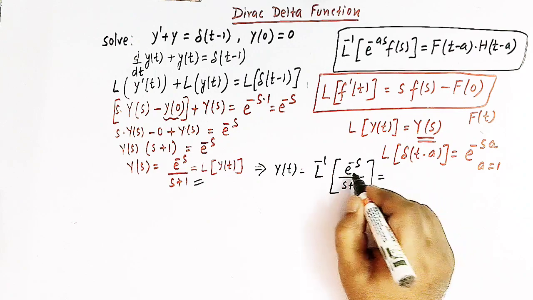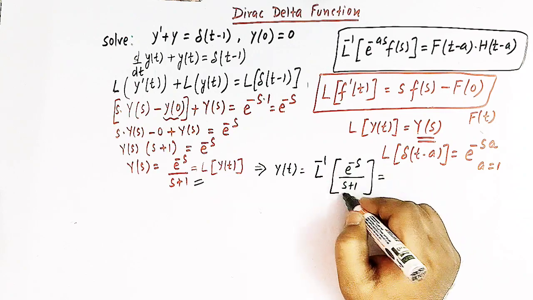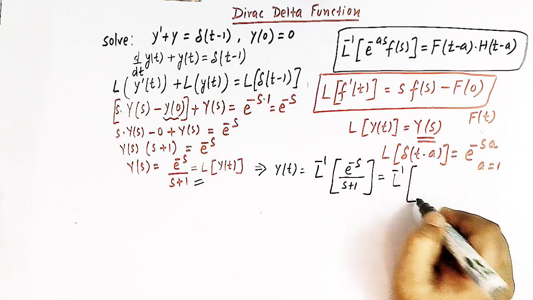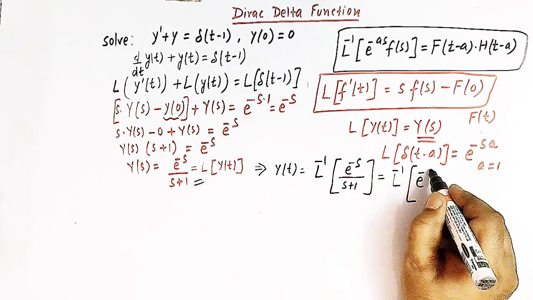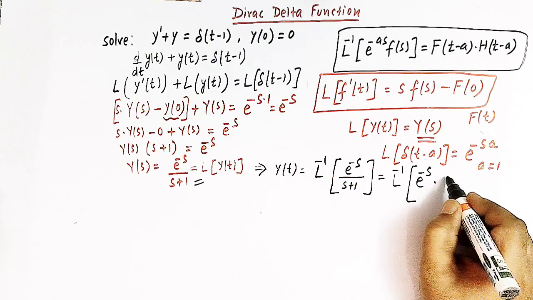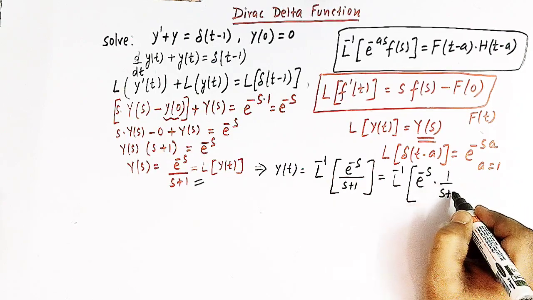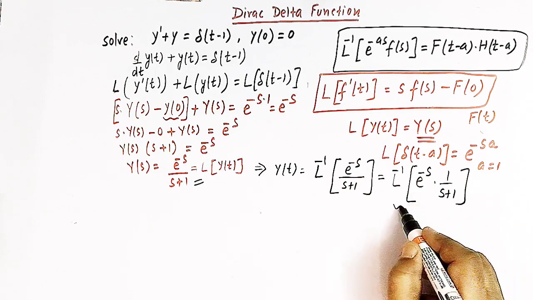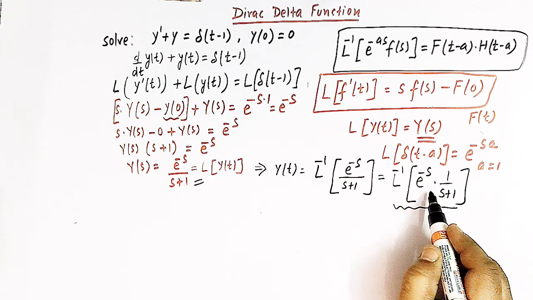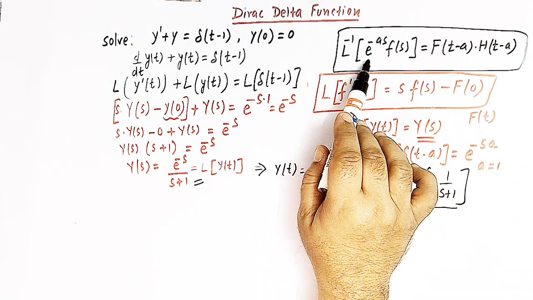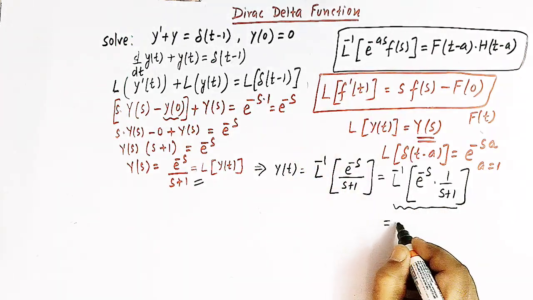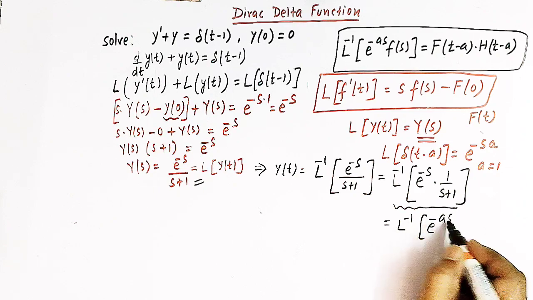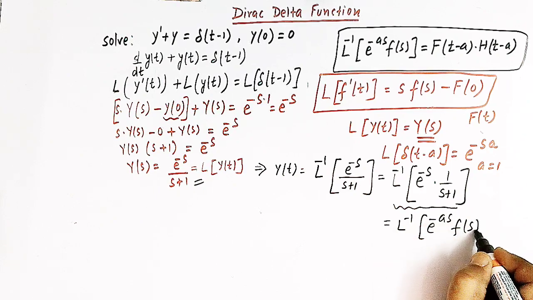So let us rewrite this function, which is a function of s. We can write L inverse of e raised to minus s times 1 over s plus 1, right? So now we have obtained this expression similar to this one, because here we have L inverse of e raised to minus as f of s.